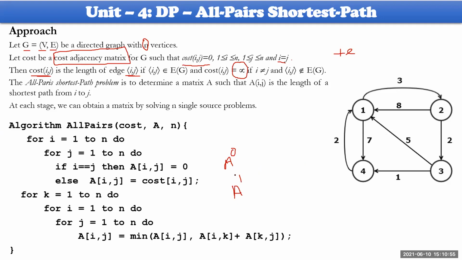A power 1 will be the input for A power 2, A power 2 for A power 3, and A power 3 is the input for A power 4. Since we have only 4 vertices, you need to identify these matrices by following a simple formula.